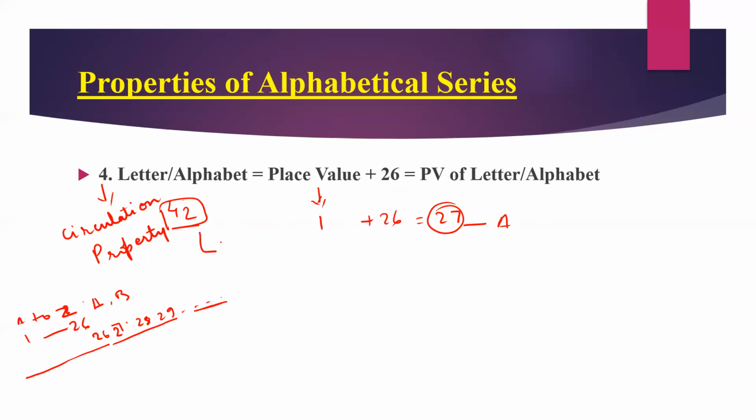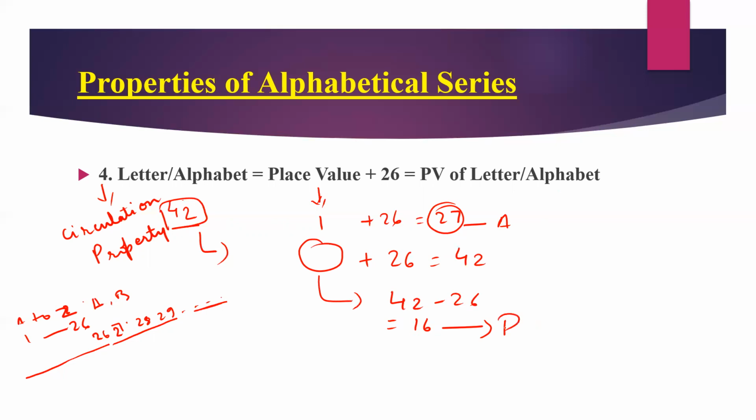So how will we find which letter is at the 42nd place? We don't know the letter, but we know its place value is 42. We just subtract 26 from it. So we do 42 less 26 and we get 16. And which letter is placed at the 16th place?